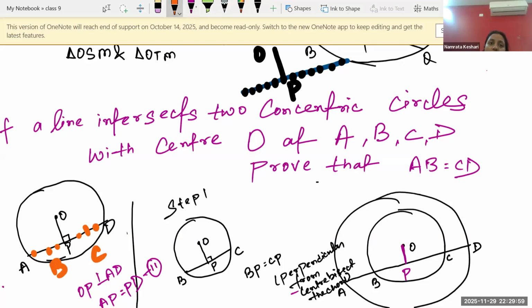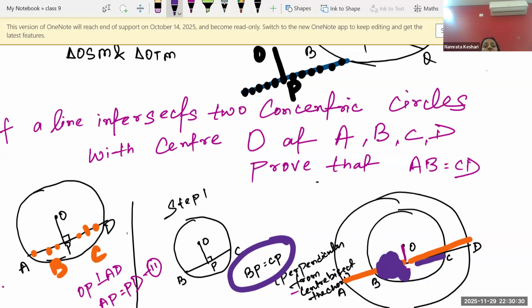If you are wondering how, AP and PD are equal, and BP and PC are equal from equation number 1. From this orange length, if you delete BP, can you see we are getting just AB?